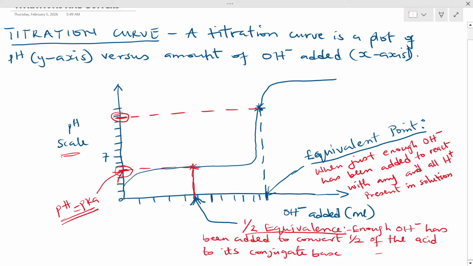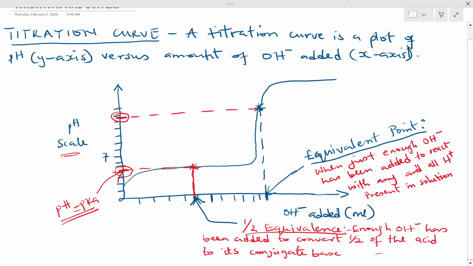We also made an observation here where we said that at equivalence we expected pH equal to 7, but it is not so. Why? Because we are titrating a weak acid with a strong base, and we also have another reaction taking place, and that explains why there is an increase in the pH instead of it being 7.